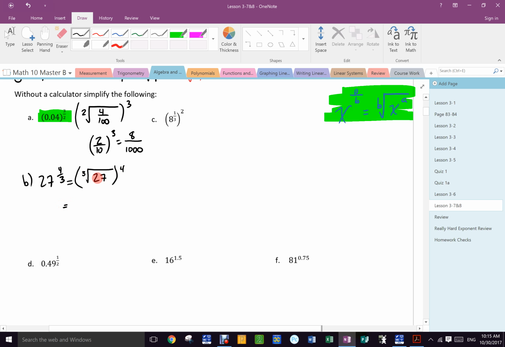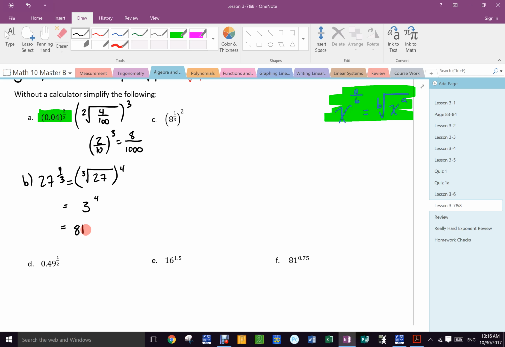What is the cubed root of 27? 3 to the 4th power. What is 3 to the 4th power? You don't need to go to your calculator. What's 3 times 3? 9. And what's 3 times 3? 9. What's 9 times 9? 81. 81. Everybody cool?